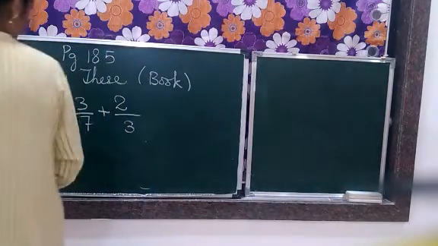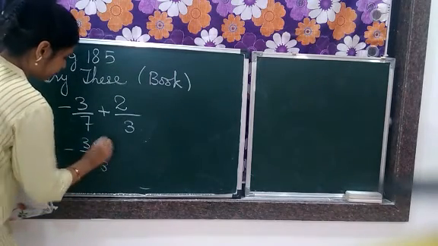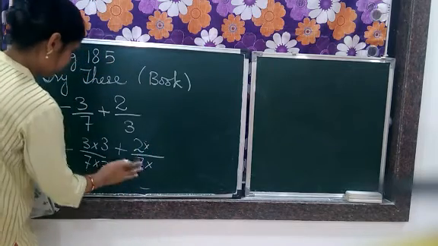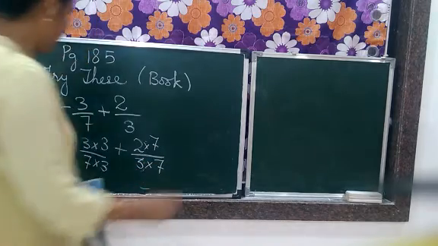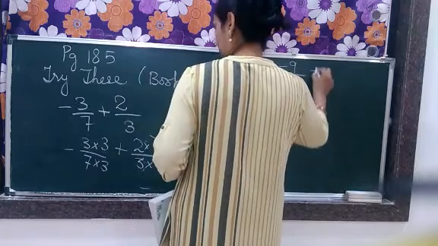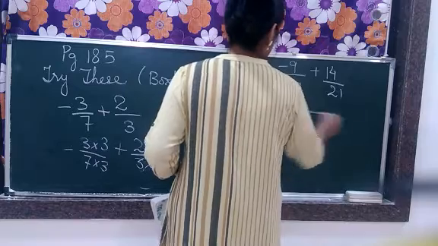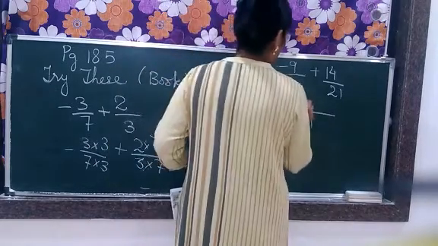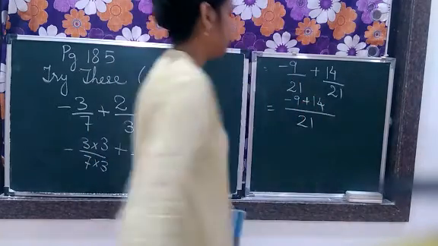Let's do it. 3 3s are 9. 21, 14, 21. Now taking the denominator common, we are going to add the numerators.